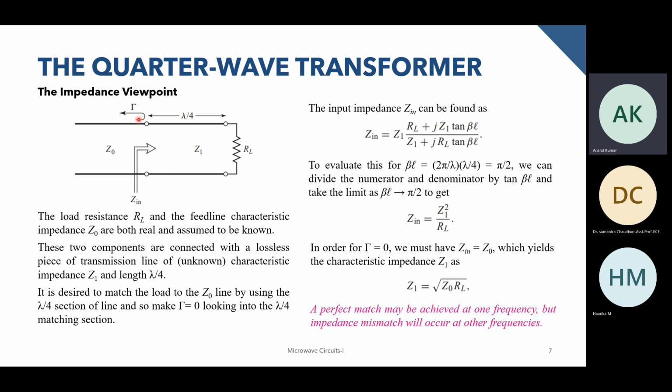To make the reflection coefficient equal to 0, this input impedance must equal the characteristic impedance of the transmission line. So we make them equal, substitute Zin equal to Z0, and calculate the value of Z1. We should note that this technique works only at the frequency, and its odd multiples, for which this section is lambda by 4.